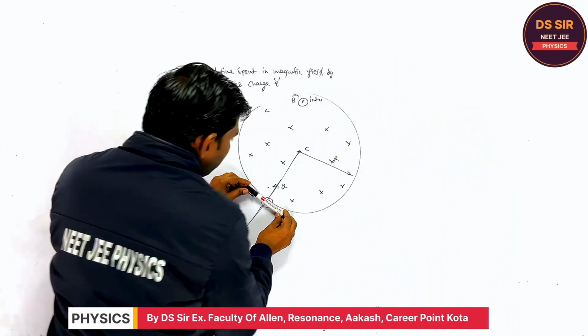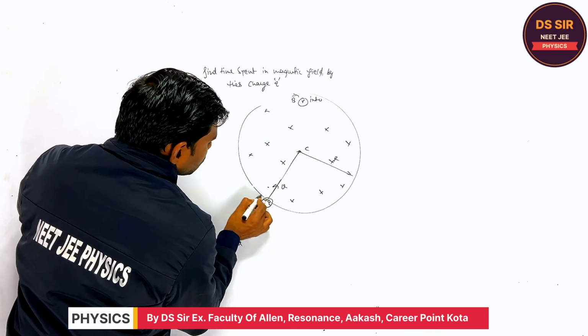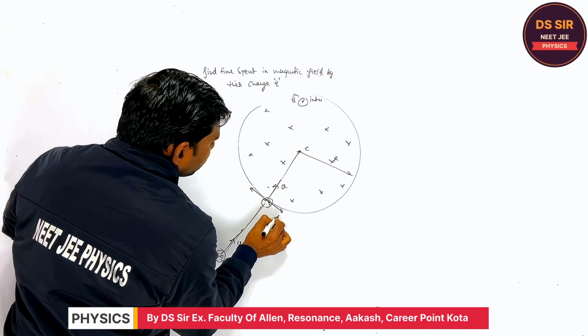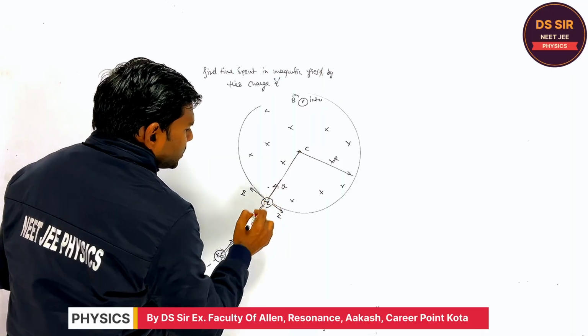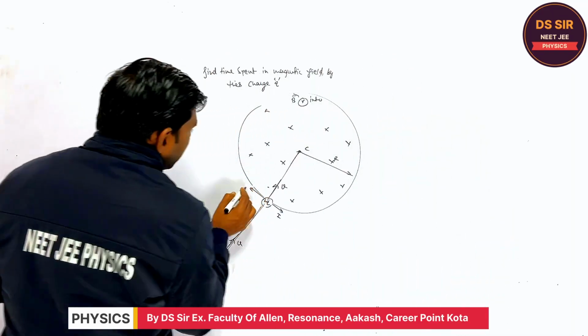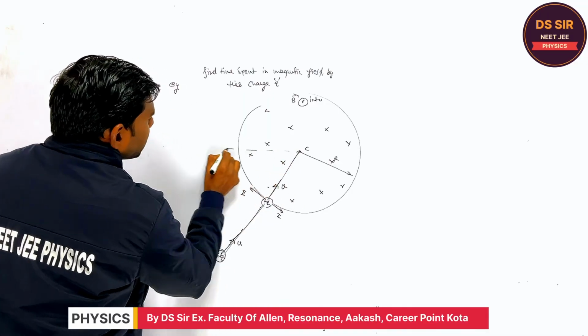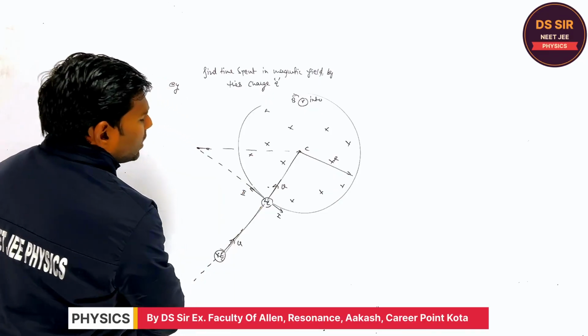So the force will be perpendicular to the velocity, either in this direction or in this direction. Which direction is the force acting? The second direction. So it gives the direction of the center of the circle like this.